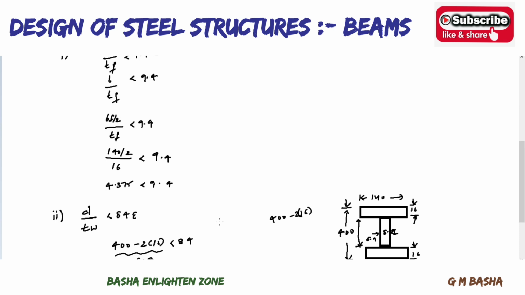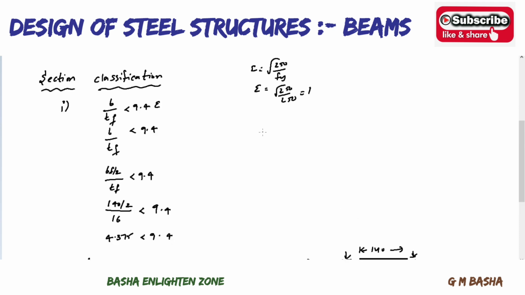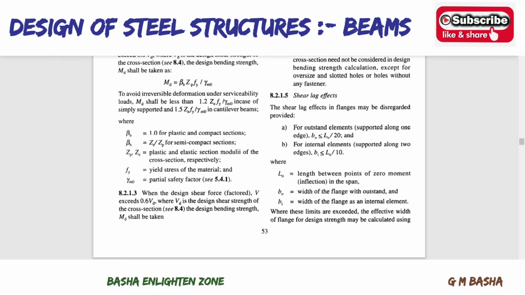Okay, and again here I am taking that MD will be equal to 1.2 ZE Fy by gamma m naught. So all things will be the same, just in place of ZP there will be ZE. So we will check the same ZE value in the code book in the same page number 138. So it is better to write down in the starting itself what is ZE, what is ZP.